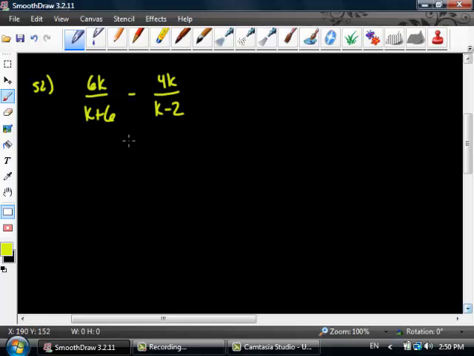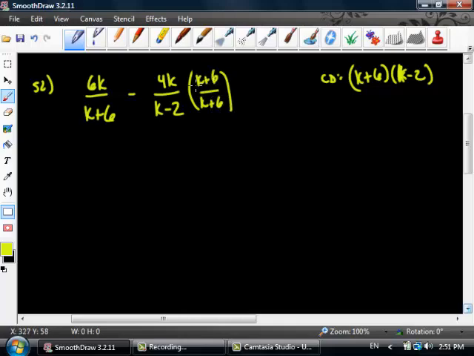With this problem here, number 52, we're being asked to subtract two fractions from each other, so we need a common denominator here. Common denominator, please don't think that hard. It is k plus 6 times k minus 2. All right, so here the right side is missing a k plus 6. The left is missing a k minus 2.